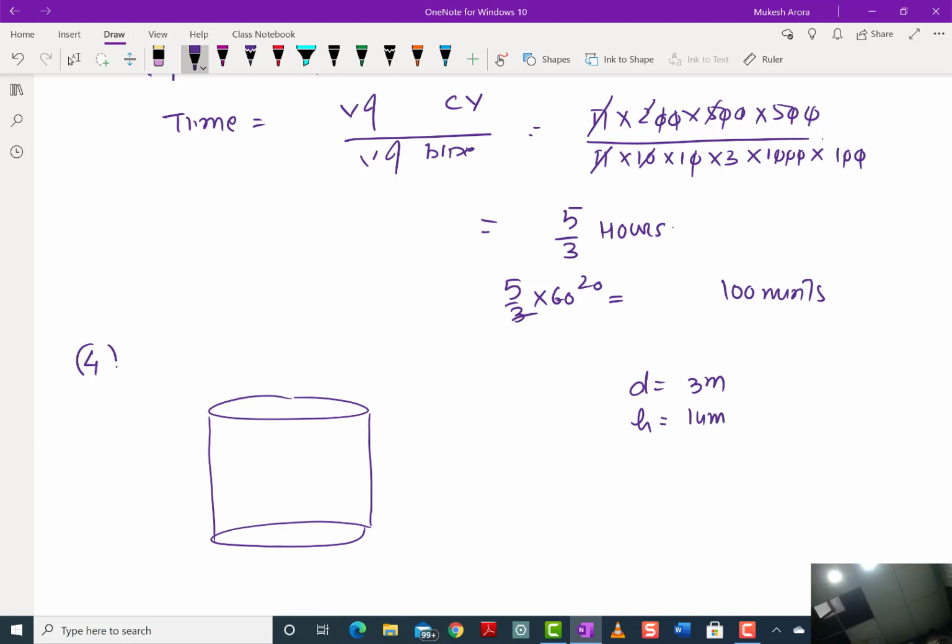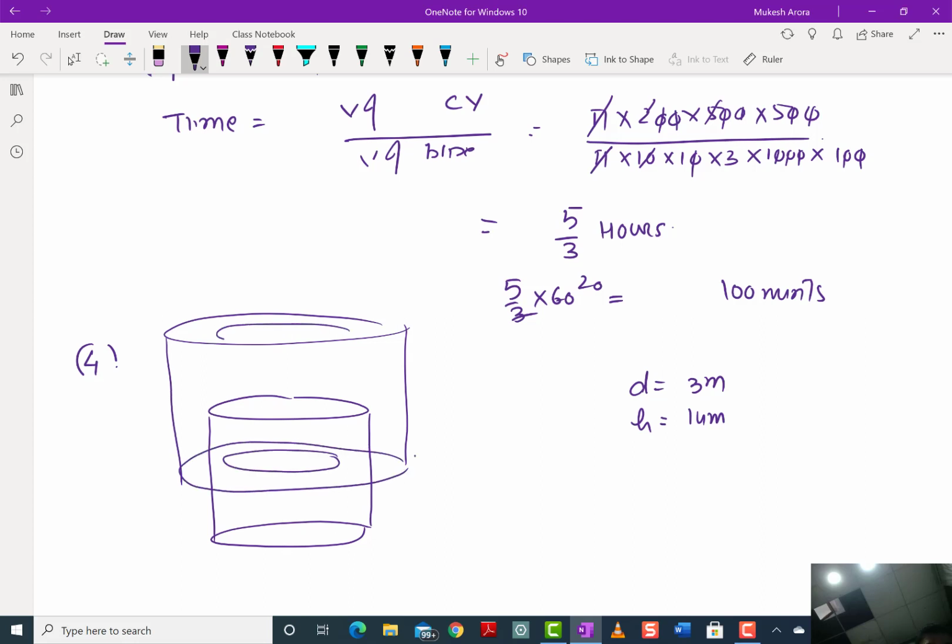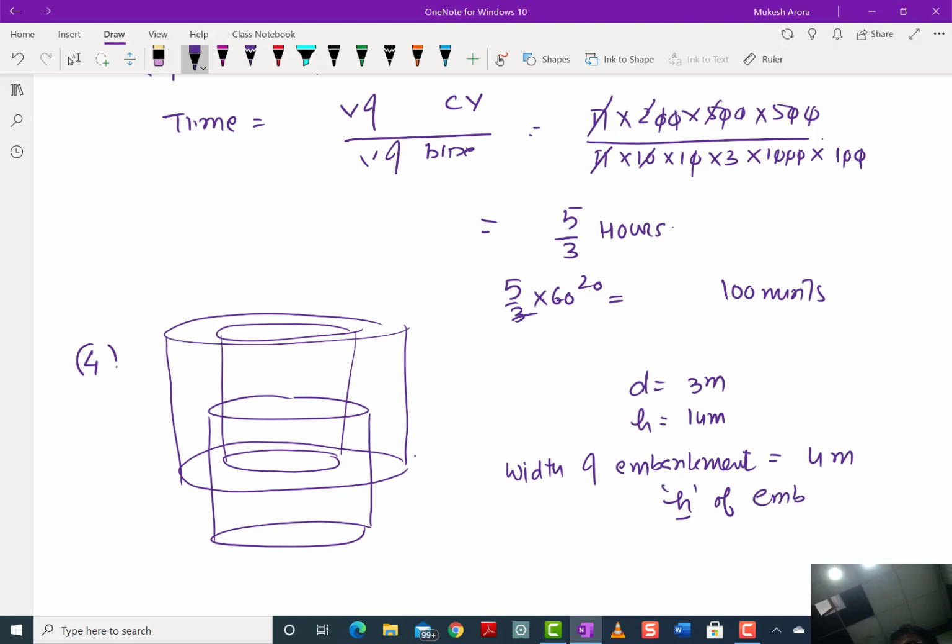It is dug out and the earth is taken out and spread all over it to make an embankment. The width of the embankment is 4 meter. We have to find the height of the embankment.